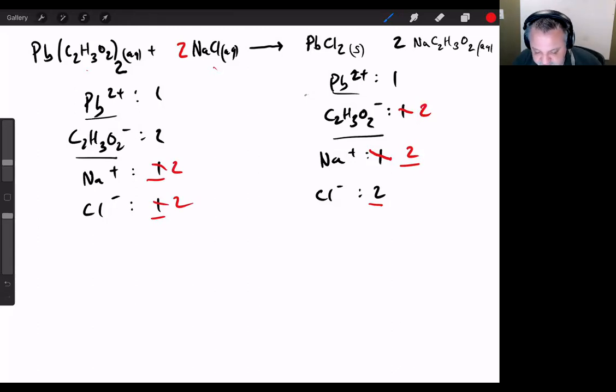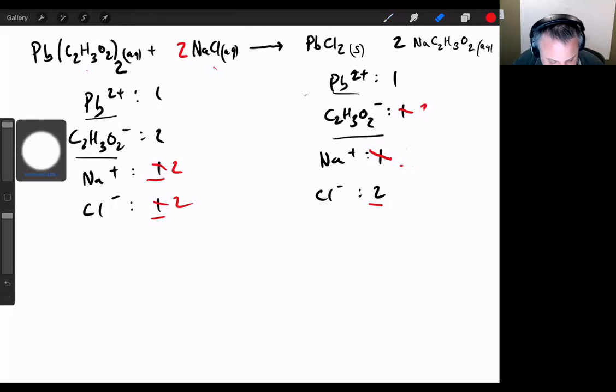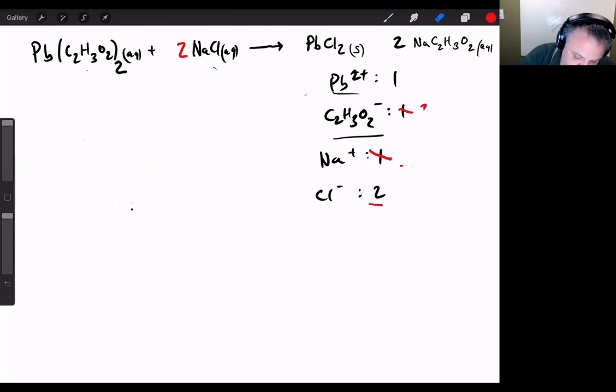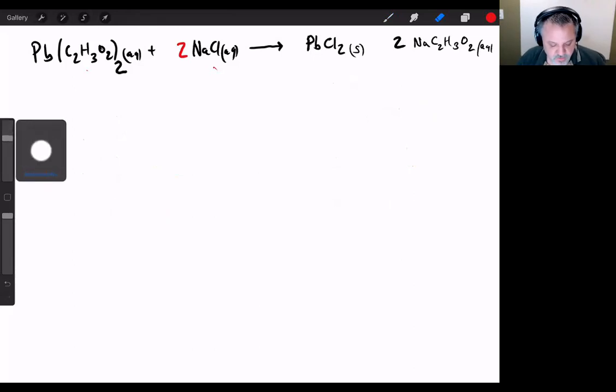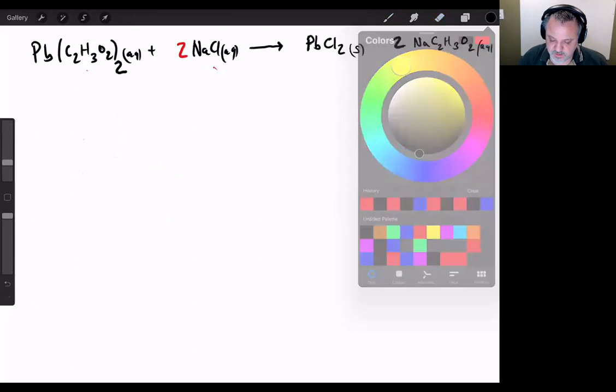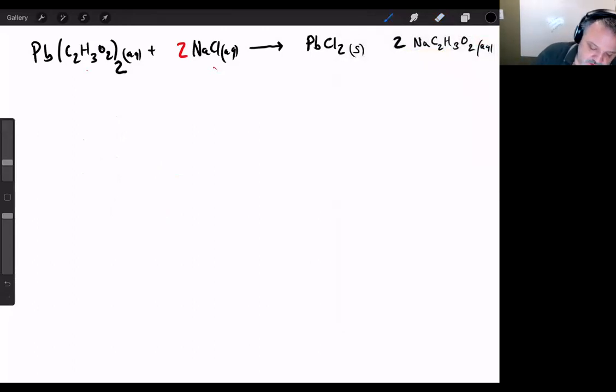Okay, now that I've done that, I've got a balanced molecular equation. I can write an ionic equation. I know I'm going fast. I'm going to post the video. Hopefully you'll be able to review it instead of getting crazy with the speed. All right, what does it look like? I've got a lead 2+ ion and it's aqueous. Here's the part that gets confusing for students.